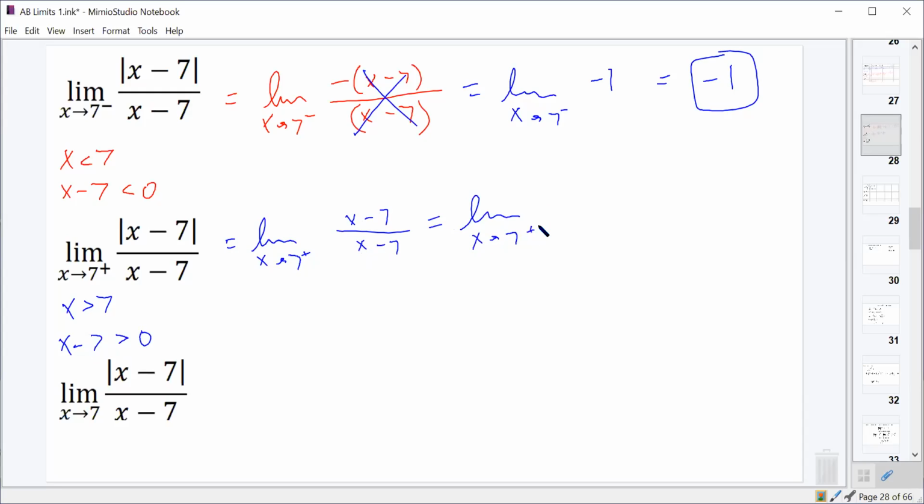And now we approach 7 from the right to get 1, and the two-sided limit does not exist. The one-sided limits aren't the same. Good or no? Good. Perfect.